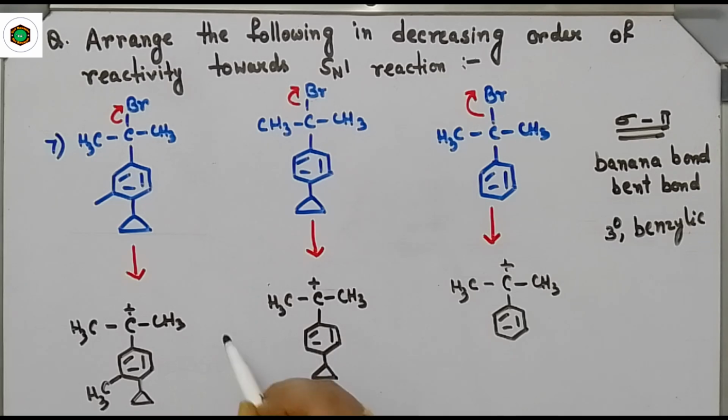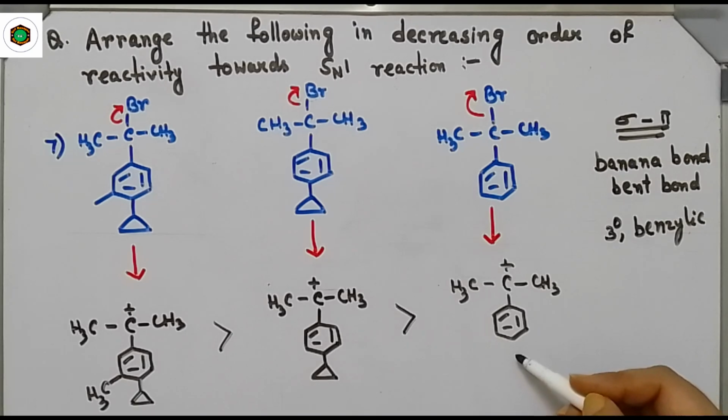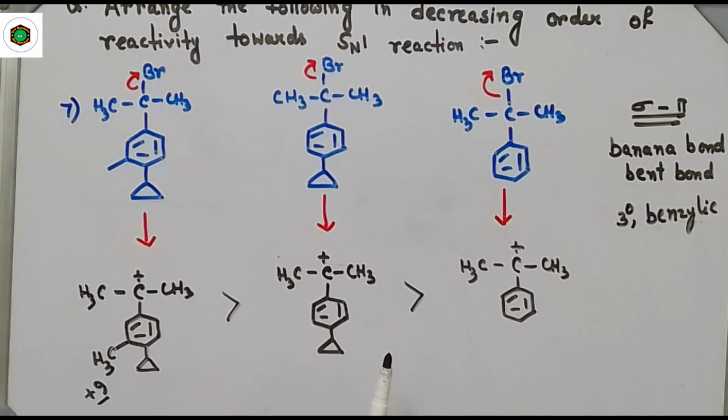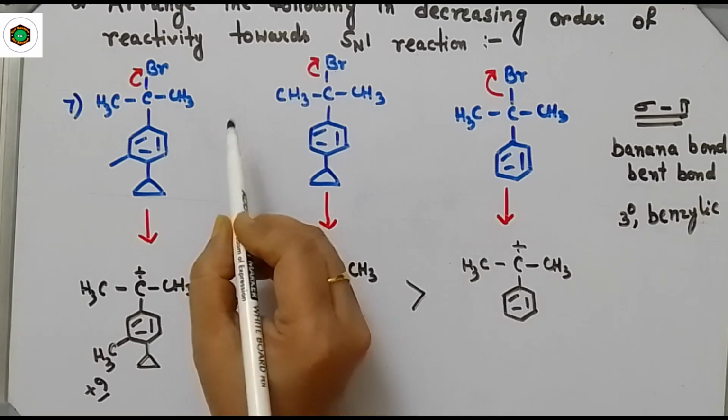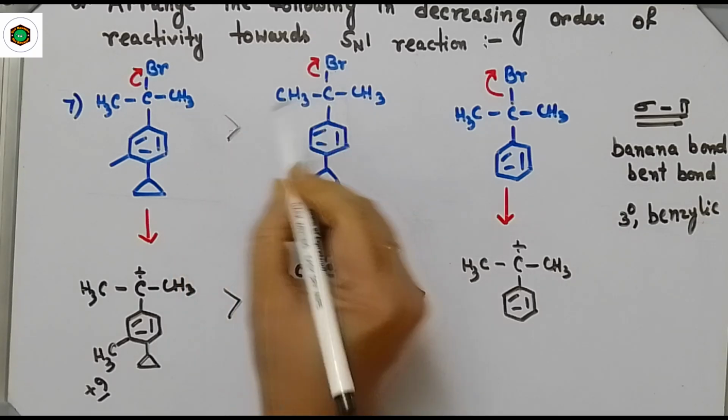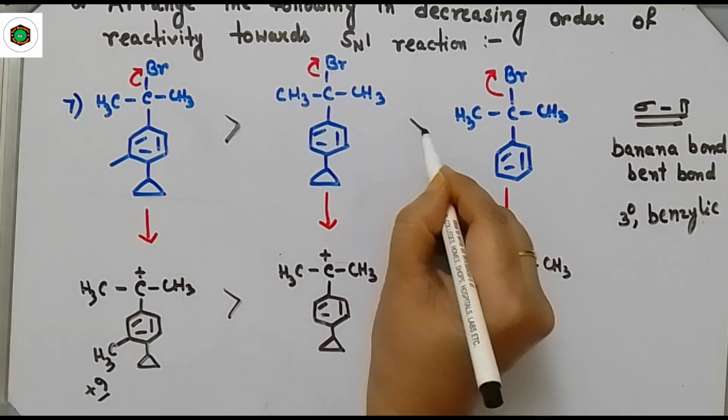So between these two, this carbocation is stable, and between these two, which one is more stable? This is more stable, because here no cyclopropane ring is there at the para position. So if stability order of the carbocation is this one, then reactivity order towards SN1 reaction is this.